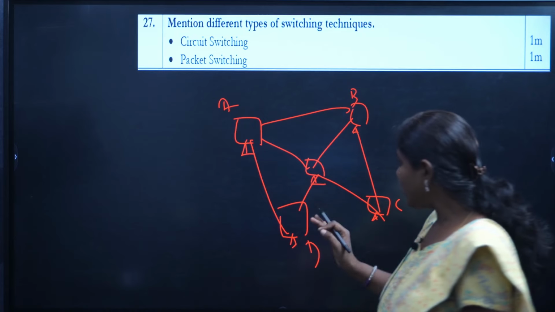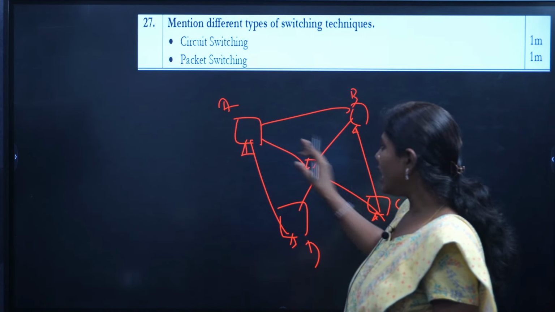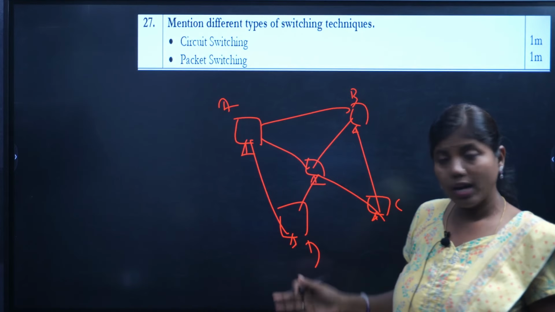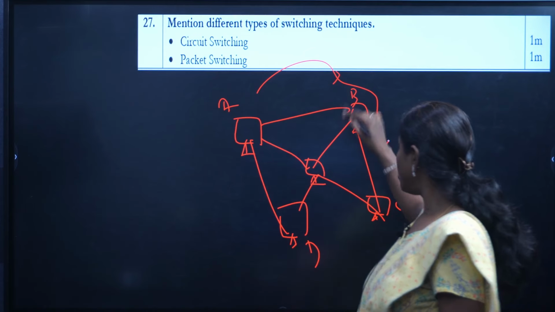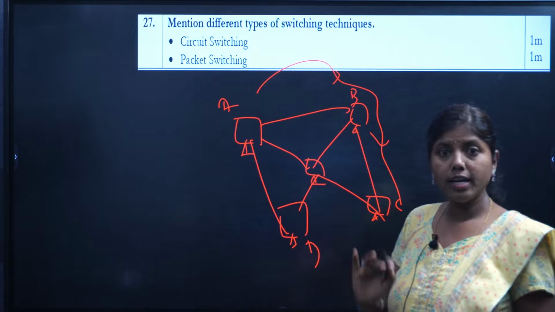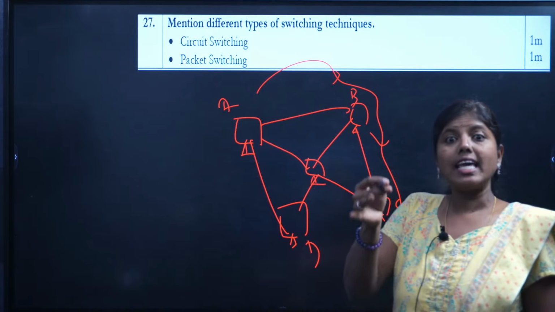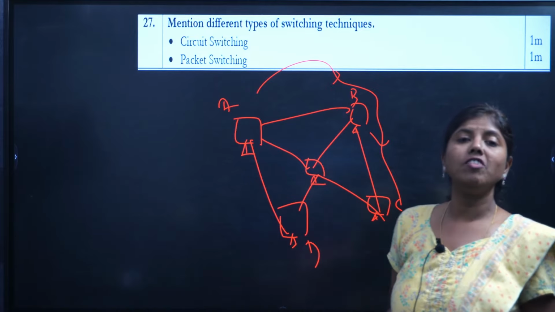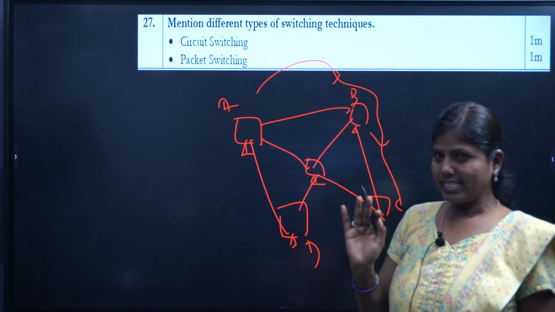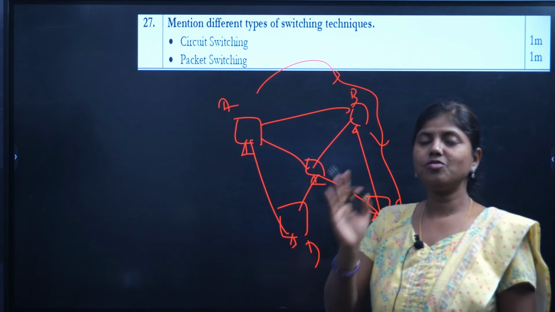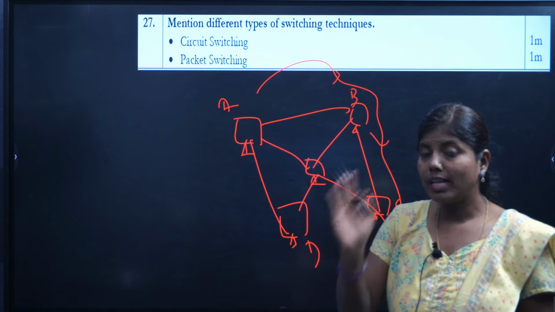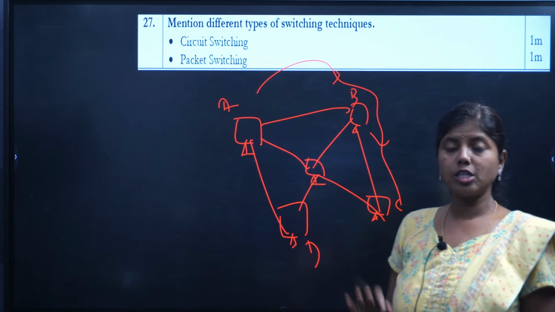That means the route is fixed: A will communicate to C via B only, through this route and not any other route. A guaranteed transmission rate will be there. Yes, there will be a time delay initially, but after that the data transfer takes place smoothly. That is circuit switching.